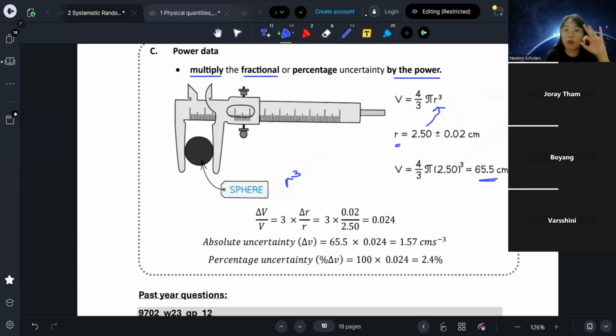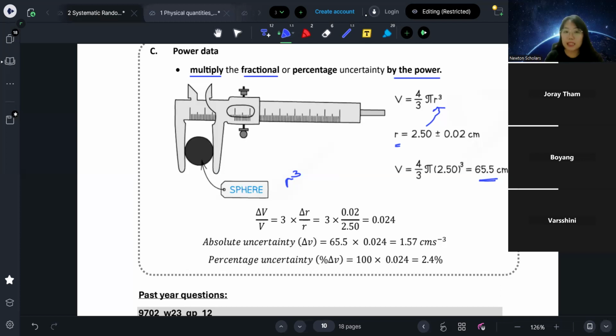So the fraction is 0.02 divided by 2.5. Then after that, if the question asks you about percentage, easy. Percentage is just the fraction times 100%. So you get 2.4. Percentage is much easier, just times 100.